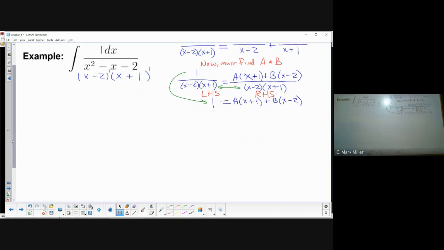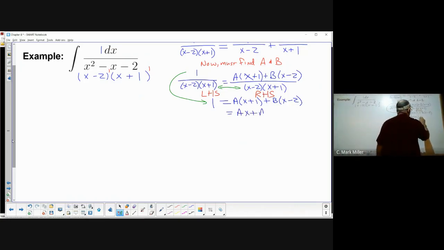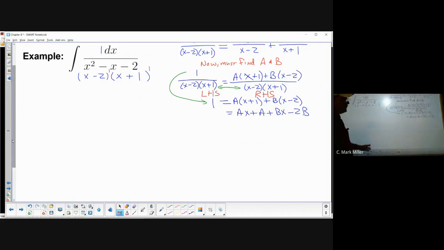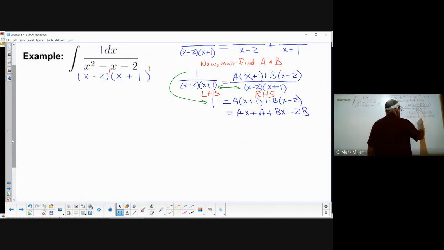Now, watch what we do. Multiply things out. All I did is multiplied through by a and b. And we're going to regroup. What are my coefficients for x? So over here on the right-hand side, I have ax and bx.